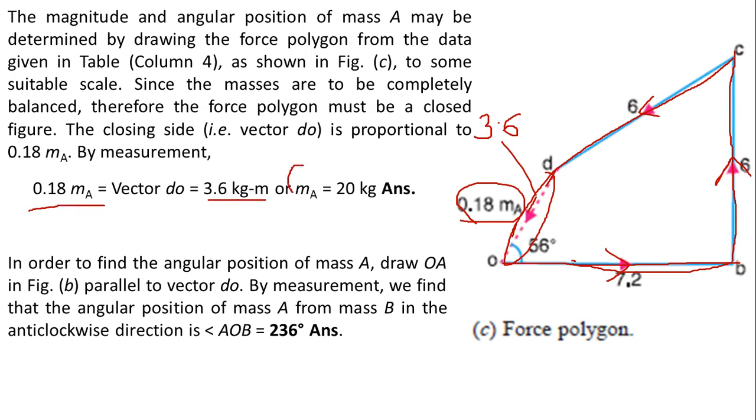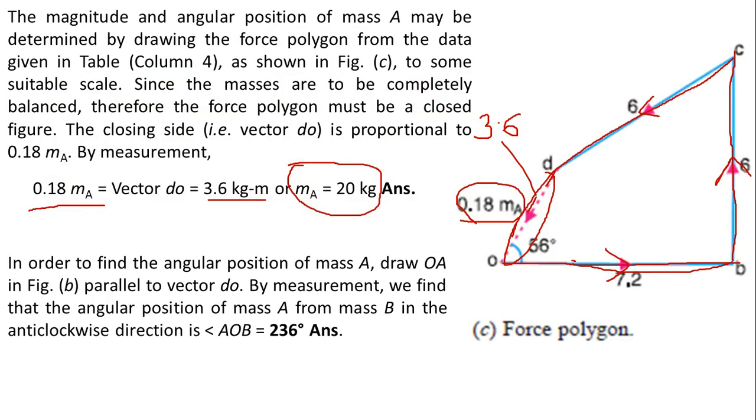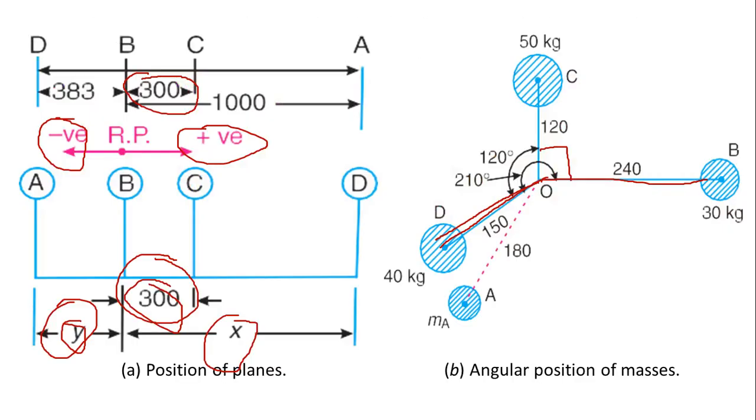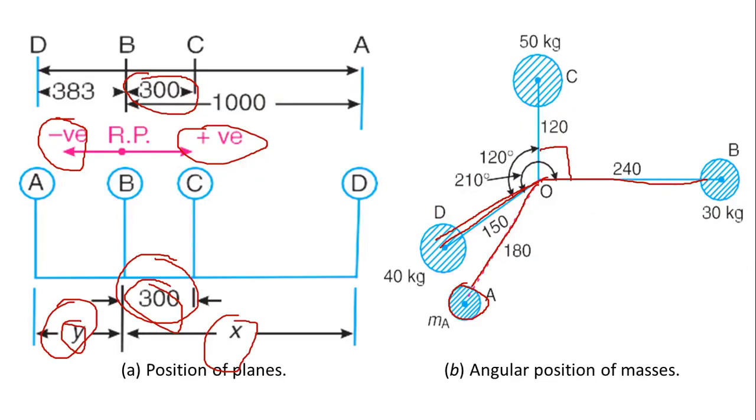From this you will be getting MA as 20 kg. Then trace this vector D to O in this direction in the space diagram, and you will get the location of the mass A here. Measuring this angle AOB, you will be getting 236 degree.